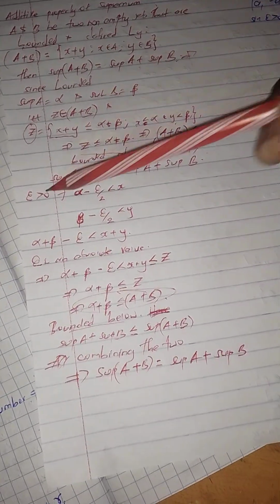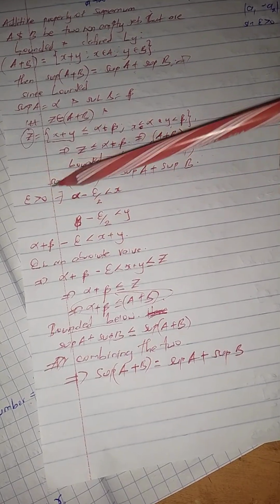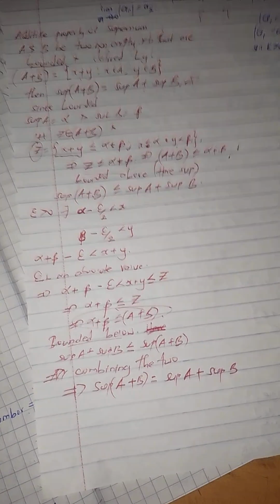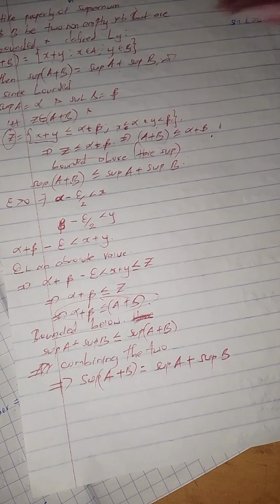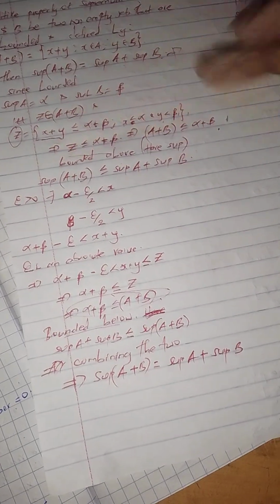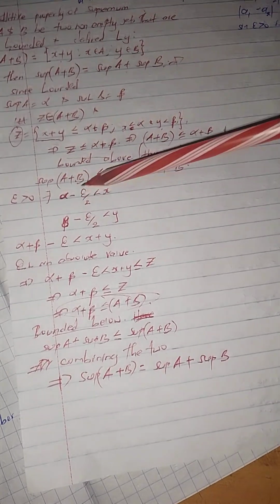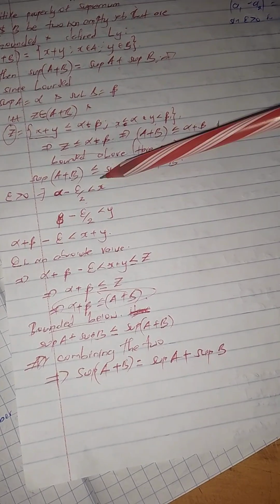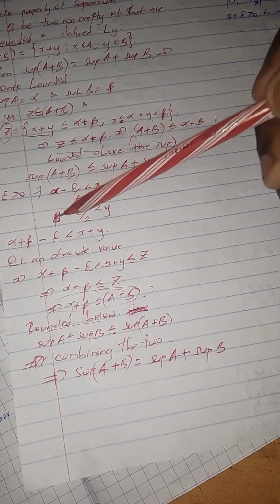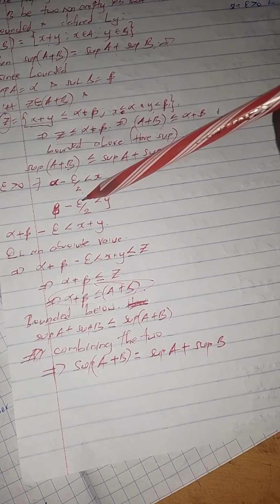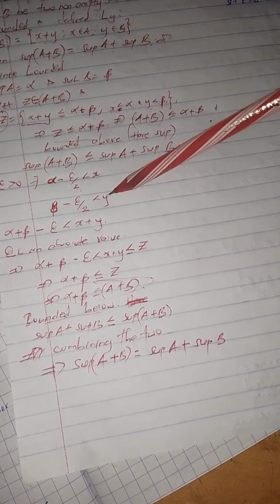So let's assume we have an epsilon naught greater than 0, where epsilon naught is any arbitrary number, such that there exist x and y with alpha minus epsilon naught over 2 less than x, and beta minus epsilon over 2 less than y.